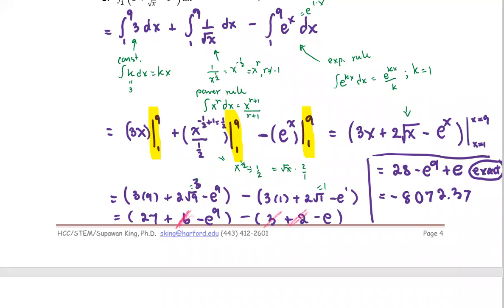So let's check one more time. Yep, we got the same number. So either in the exact form, that means in the e to the power form, or in the decimal form, either one. So that's the answer for this definite integral problem.